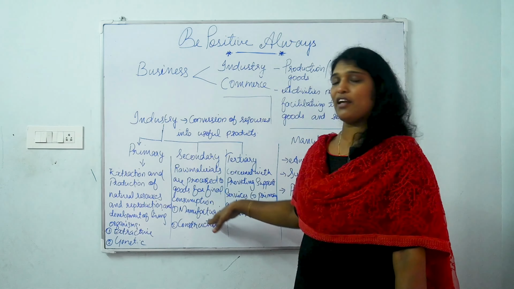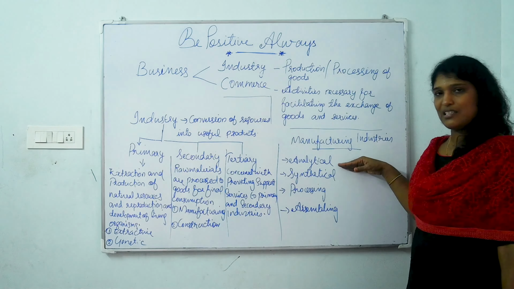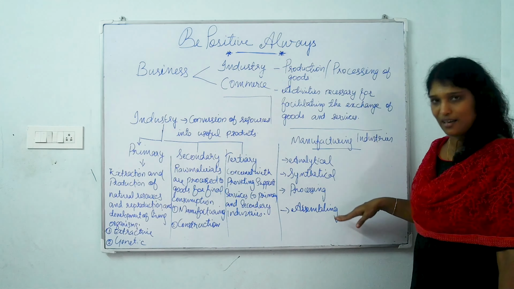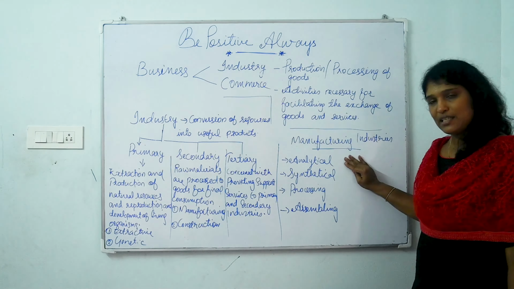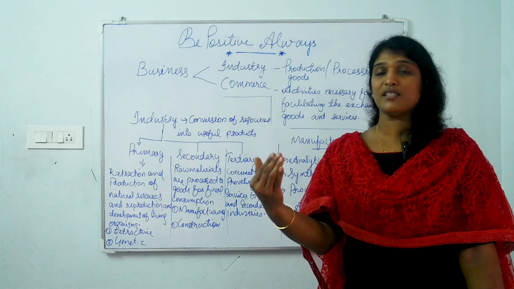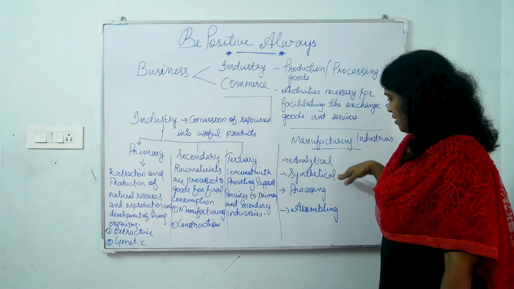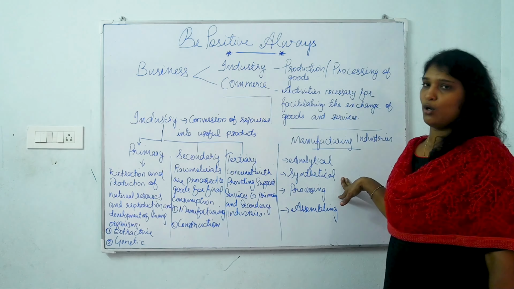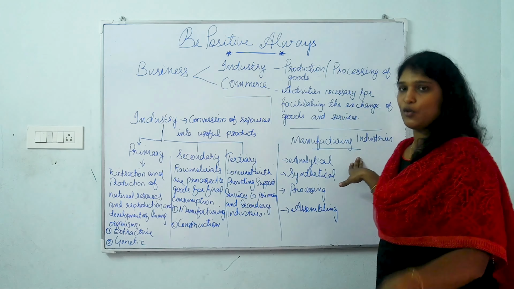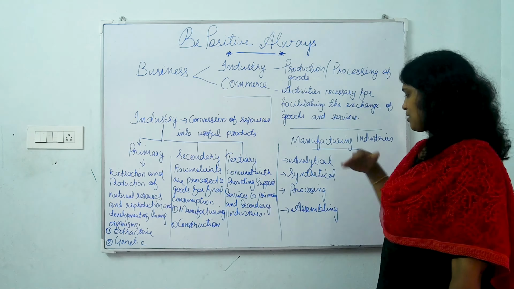Manufacturing industry is classified into four: analytical, synthetical, processing and assembling industry. Analytical industry analyzes or separates various products from a single raw material. For example, from crude oil various petroleum products are extracted.